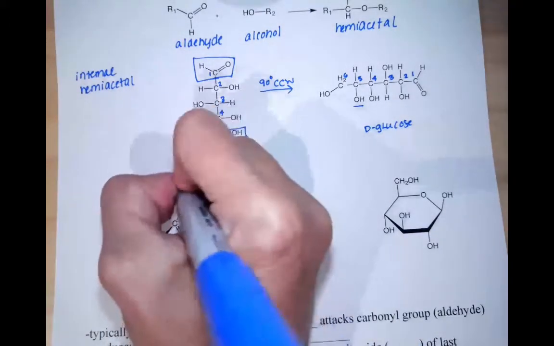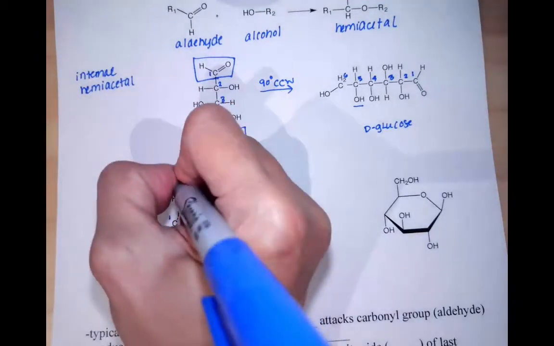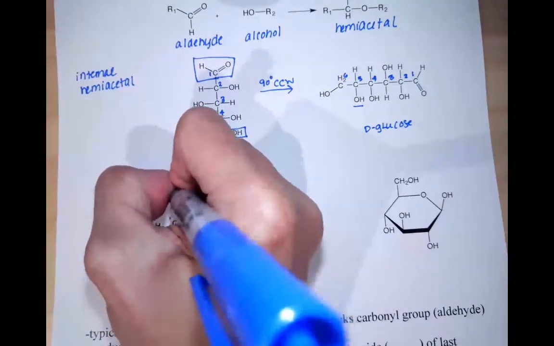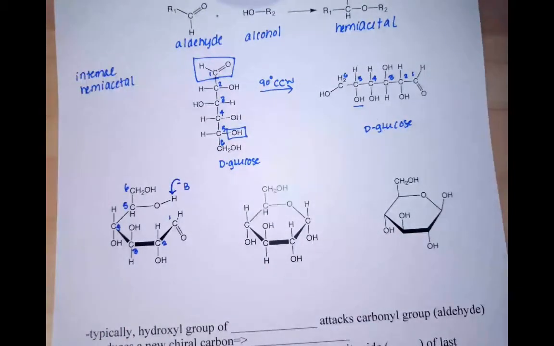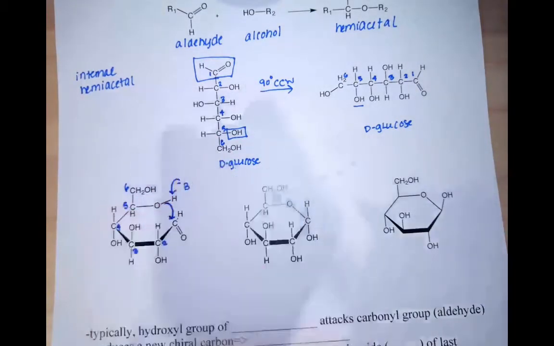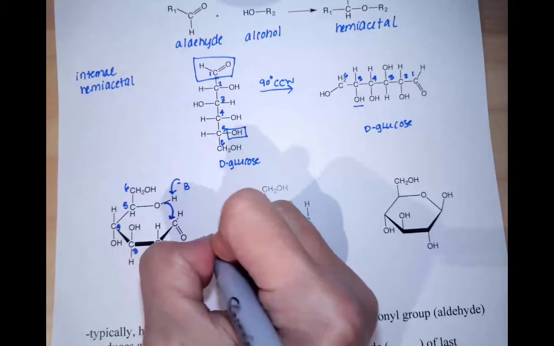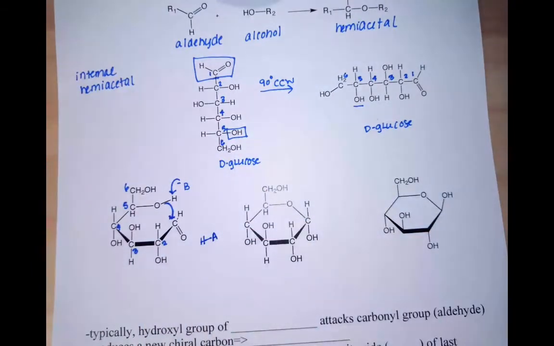This is facilitated by a base. So a base can deprotonate that hydrogen, which will then give the oxygen a negative charge, so it's a better nucleophile. So then it can attack that carbonyl carbon. And those electrons are then going to go into the oxygen of the carbonyl carbon. Now that's not a stable structure, and so this is where some acid can stabilize this reaction.